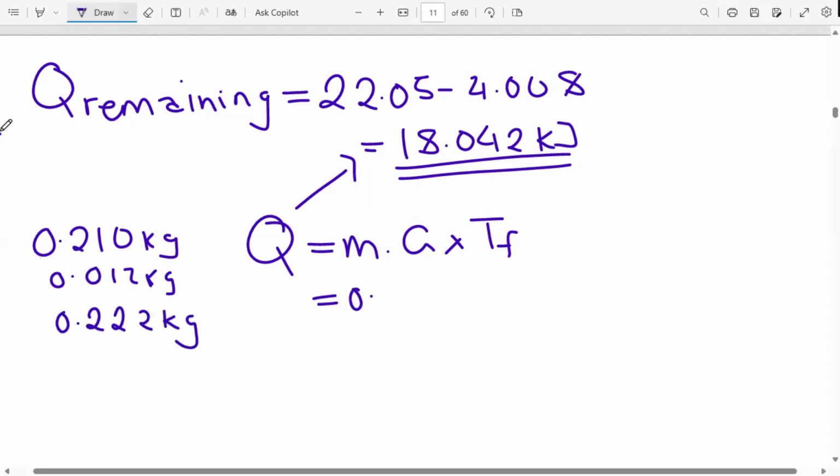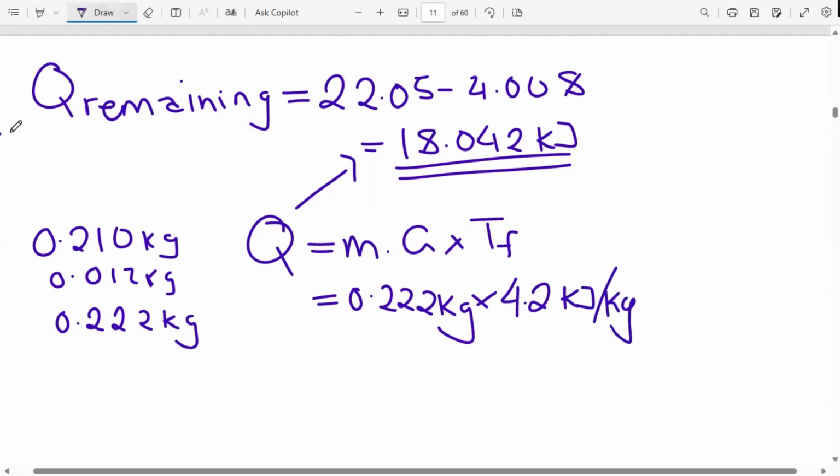So I'm putting 0.222 kilograms here, multiplied by the specific heat capacity they've given us, which is 4.2 kilojoules per kg degree Celsius, multiplied by the equilibrium temperature, which we don't know. So we're going to label it as the T final.